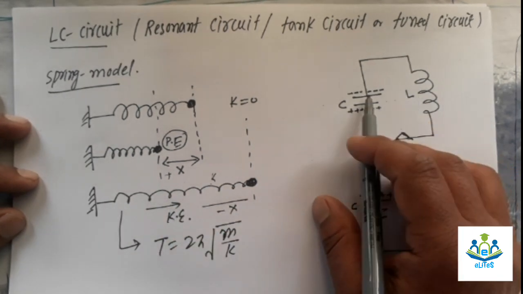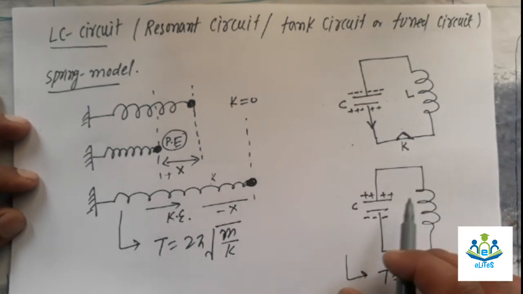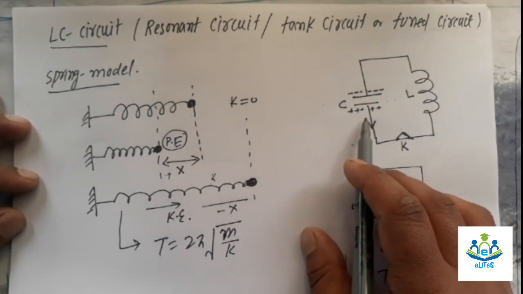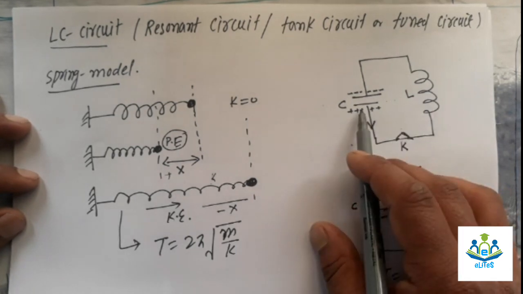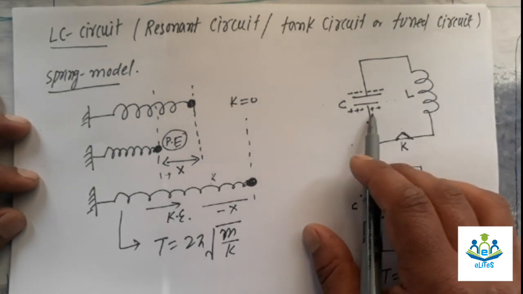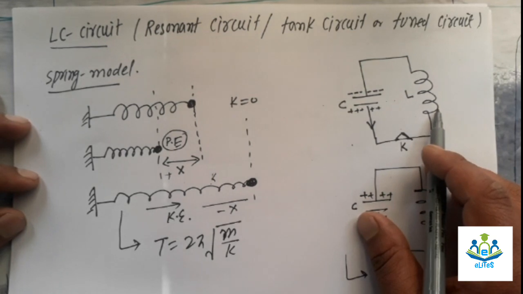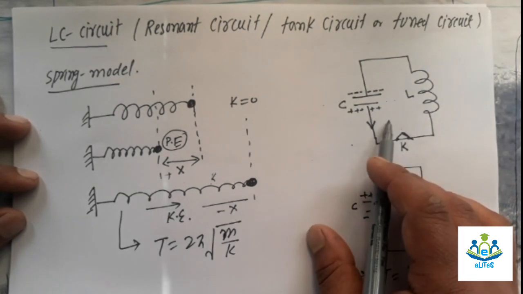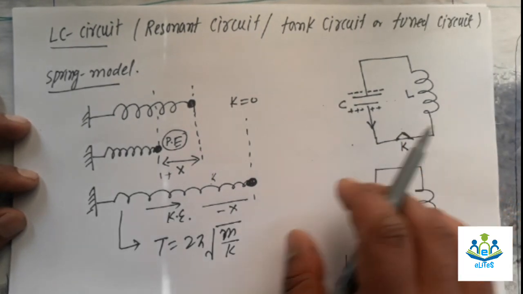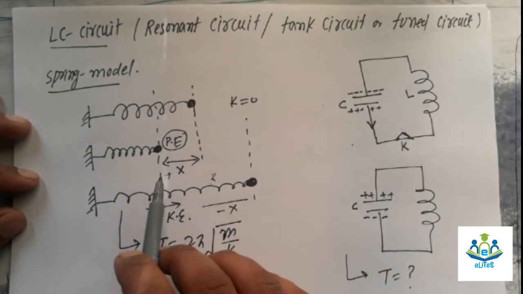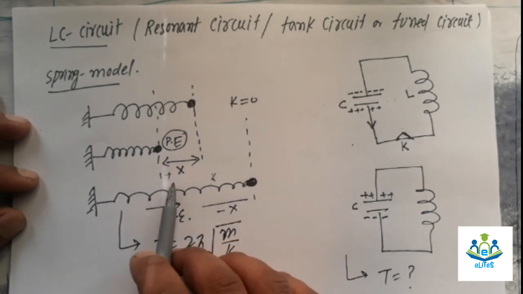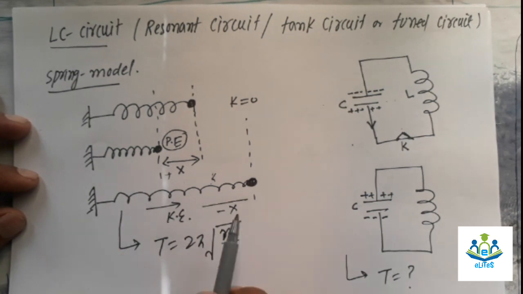So this inductor coil charges the capacitor in the opposite direction. Again this capacitor gets discharged. Thus electrical energy is converted into magnetic energy and magnetic energy is converted into electrical energy alternately, same as in the spring model where kinetic energy and potential energy are alternately changing.